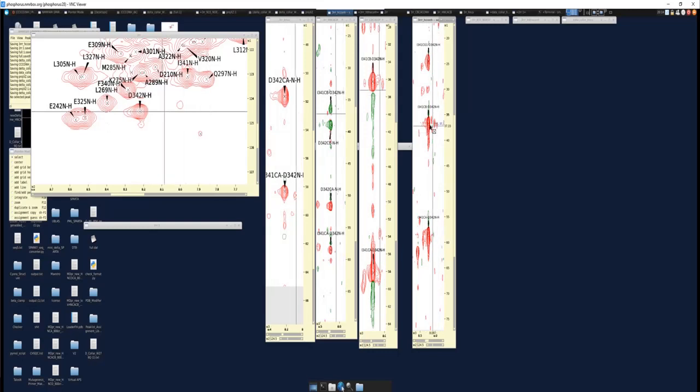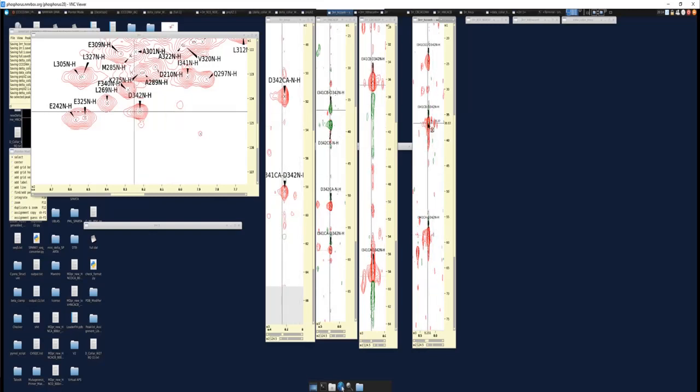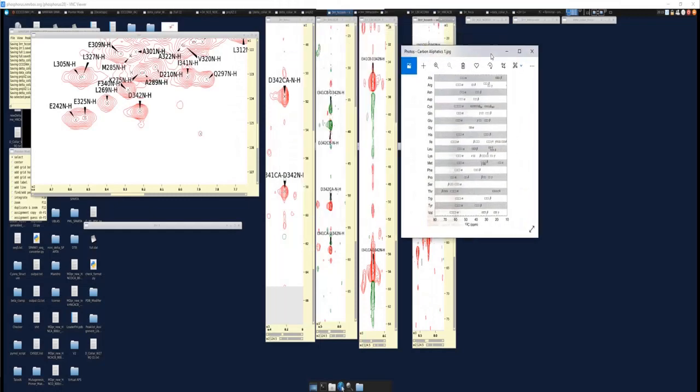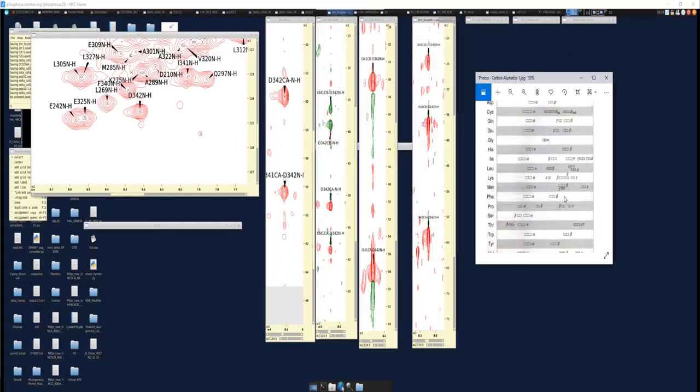So we can see here we have our I-1 C alpha and our I-1 C beta. Now, just going based off this value, you have something at around 58 and 36.7. If I bring up the list, let's zoom in.